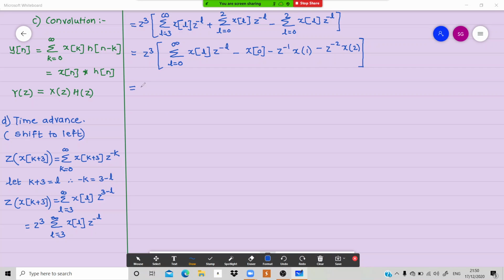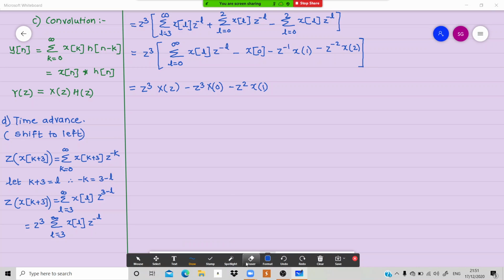Correct? So if I expand this now, what will we have? z cube X(z). Do you agree? And minus, now z cube we have to multiply this term, so it will become z cube x of 0. z cube means minus z square x1.